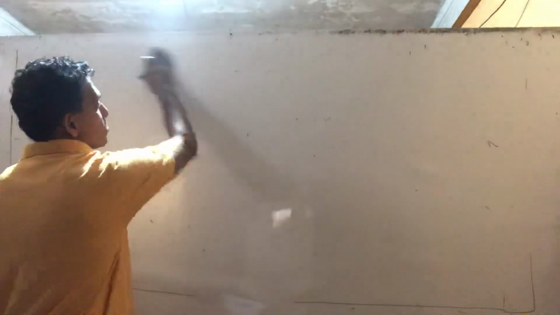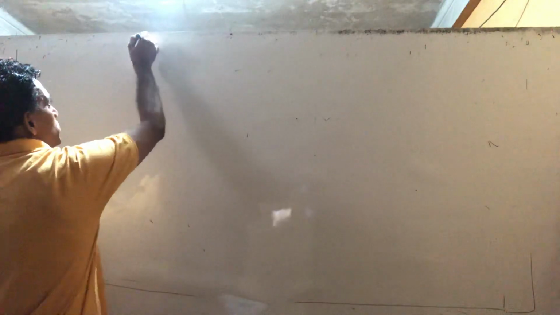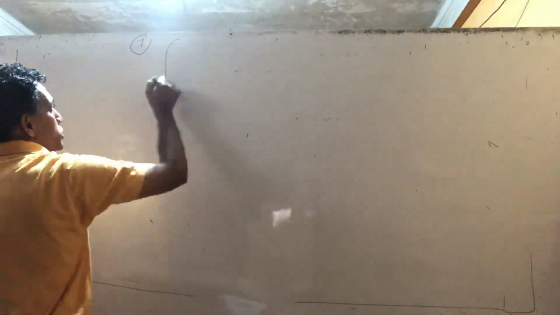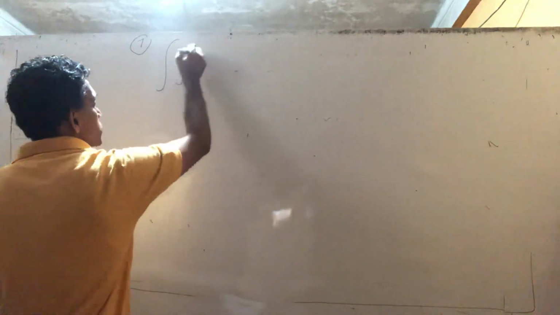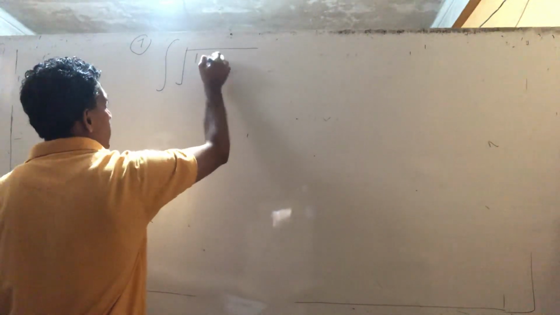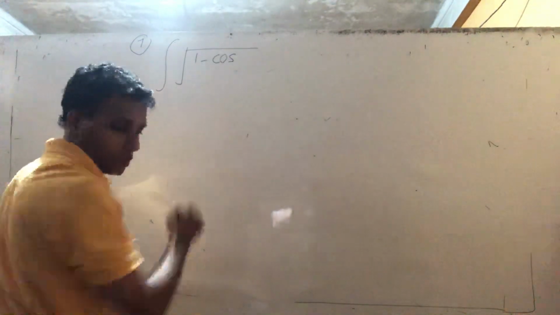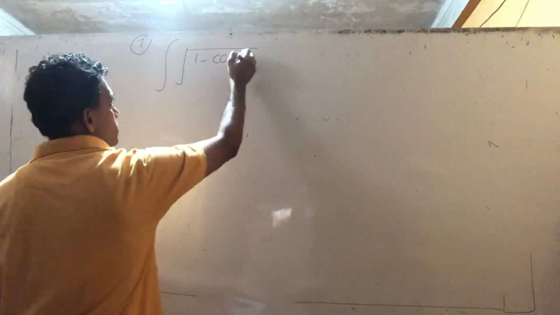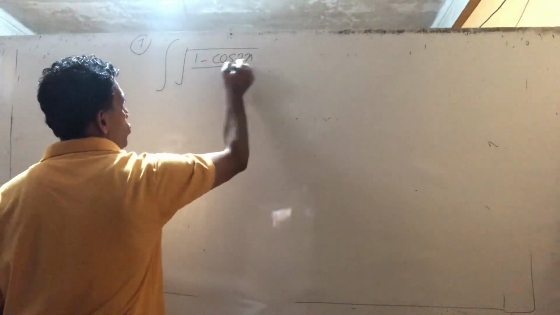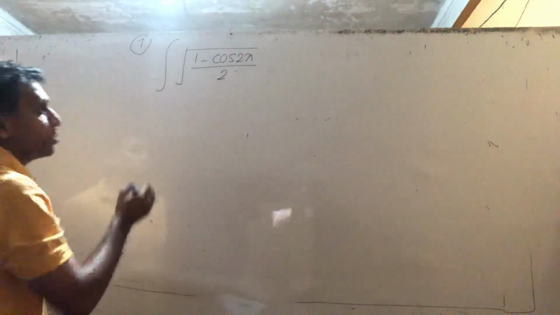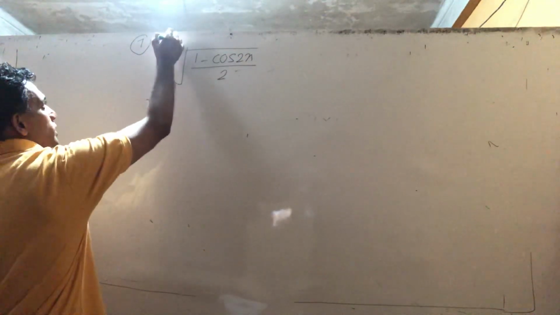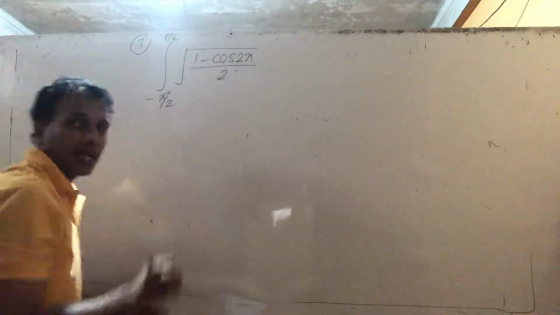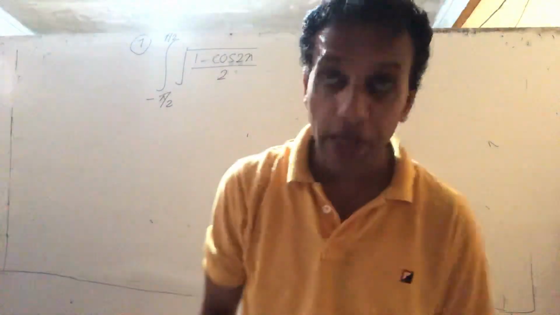Okay, next question, problem 7. Integral problem: square root of (1 minus cos 2x) over 2, with boundaries minus pi by 2 to plus pi by 2.